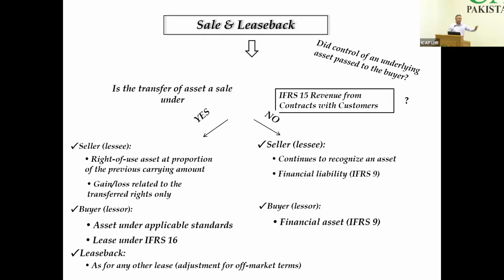But if it's a sale first and then a leaseback, then the accounting given under IFRS 16 applies, and that is a complicated accounting, because some portion of the right of use still rests with the owner lessee, and some portion of the asset or the economic benefit is transferred to the buyer lessor.